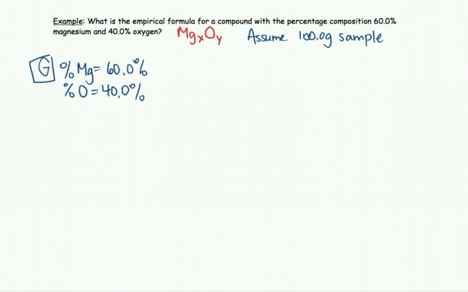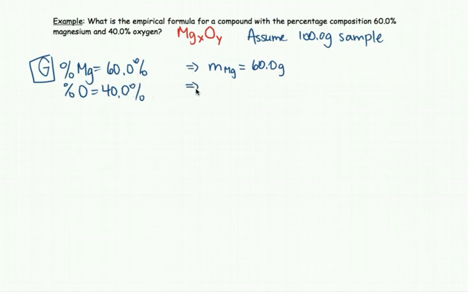If we had 100 grams, and we're finding that 60% of the sample is made up of magnesium, what mass would that be? You just take the percentage and convert it to mass. If you take 60% of 100, you would have 60 grams of magnesium, right?